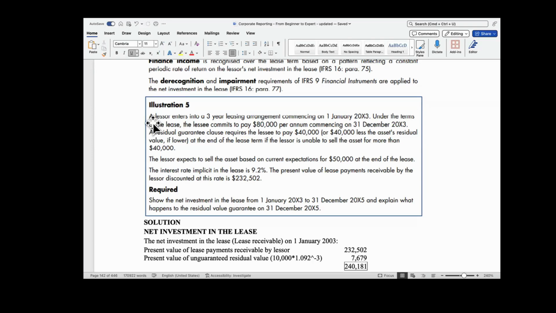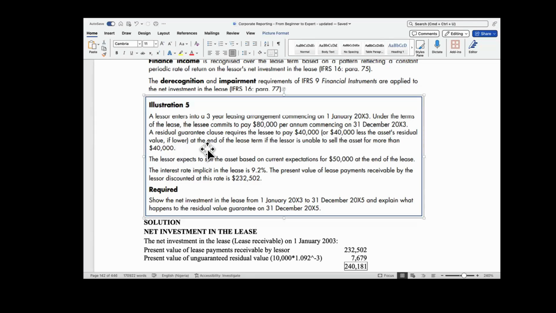Under the terms of the lease, the lessee commits to pay 80,000 per annum commencing on 31st December 2003. A residual guarantee clause requires the lessee to pay 40,000, or 40,000 less the asset's residual value if lower, at the end of the lease term if the lessor is unable to sell the asset for more than 40,000.